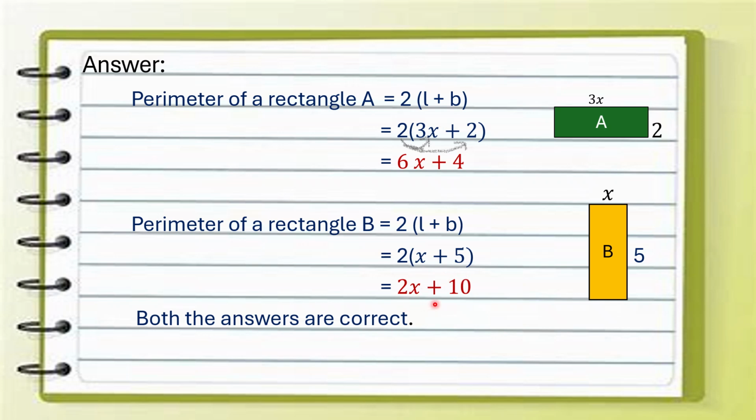So 2x plus 2 into 5 is 10. So 2x plus 10 is the answer for perimeter of a rectangle B. Now we can check the answers which are given in the question also, 6x plus 4 and 2x plus 10 only. So both the answers are correct.